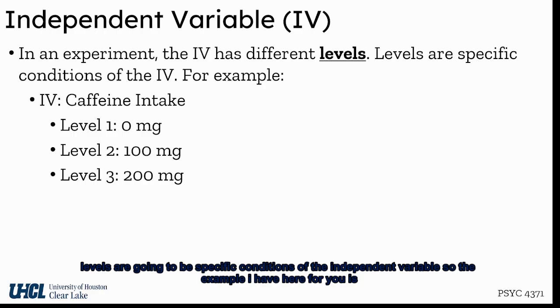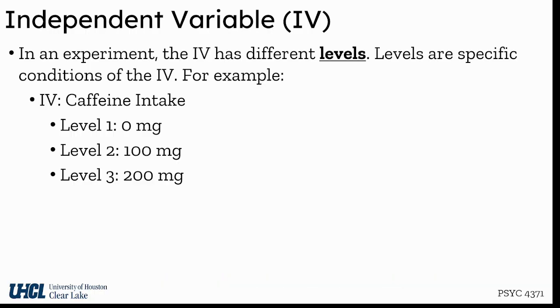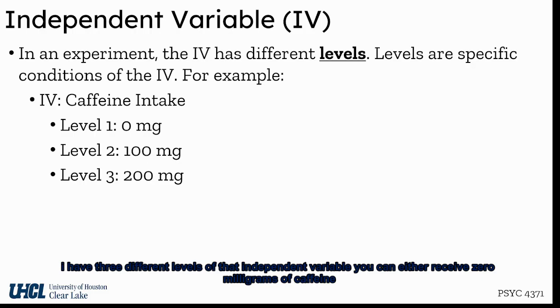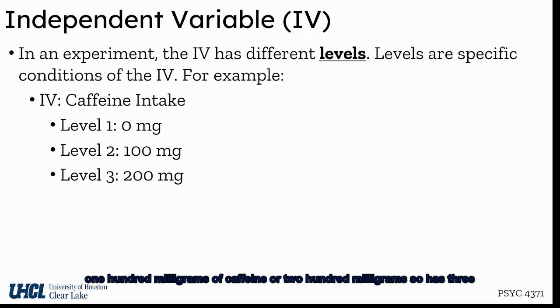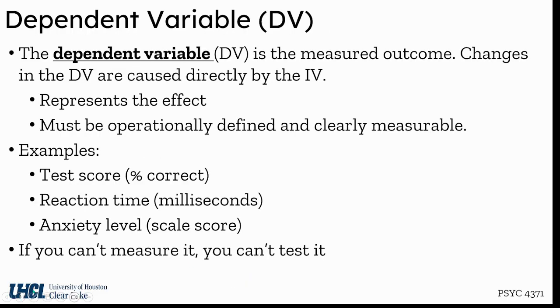So the example I have here for you is, say we're in a study exploring caffeine intake on sleep duration. I have 3 different levels of that independent variable. You can either receive 0 milligrams of caffeine, 100 milligrams of caffeine, or 200 milligrams. So it has 3 different levels there.